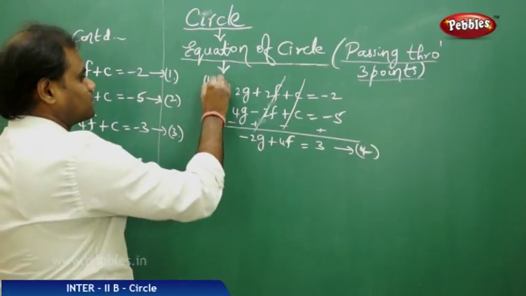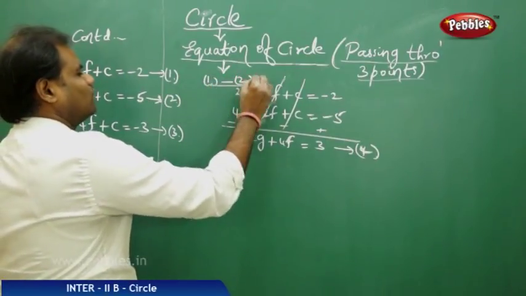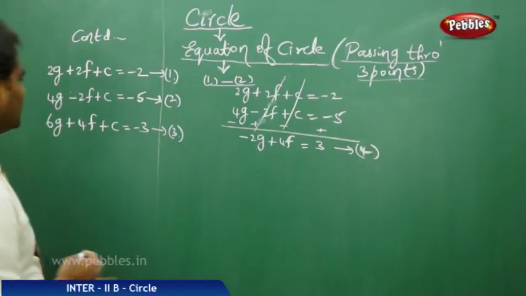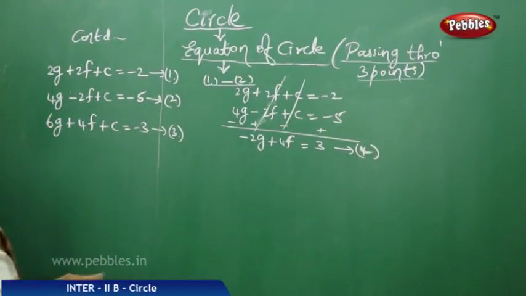And this is obtained by doing 1 minus 2. Similarly, I'll take equation 2 and 3 and I subtract.